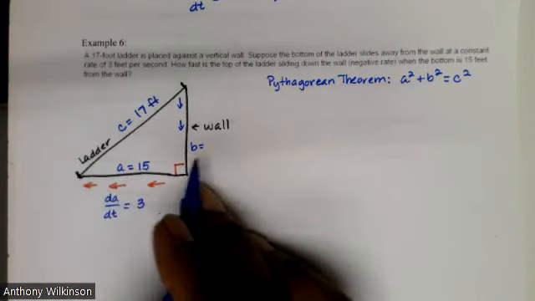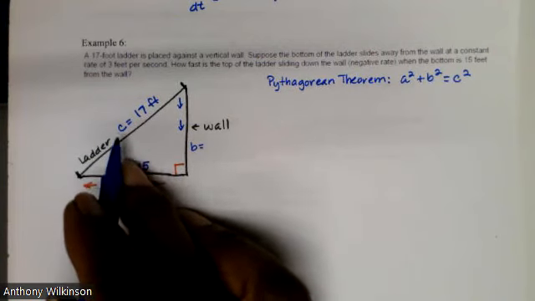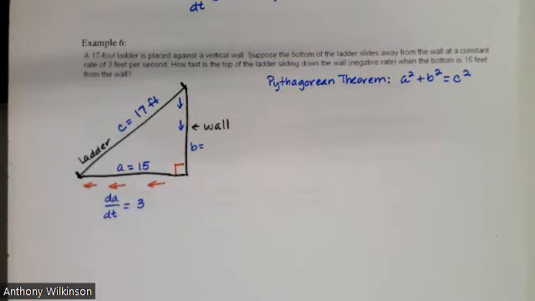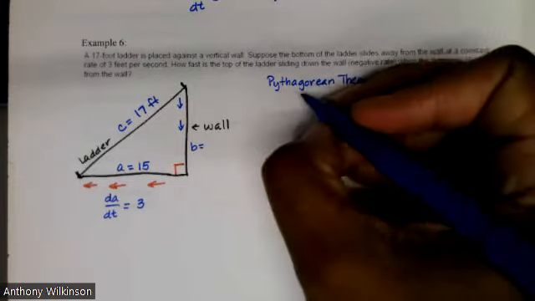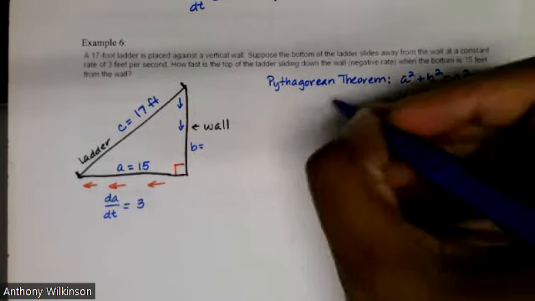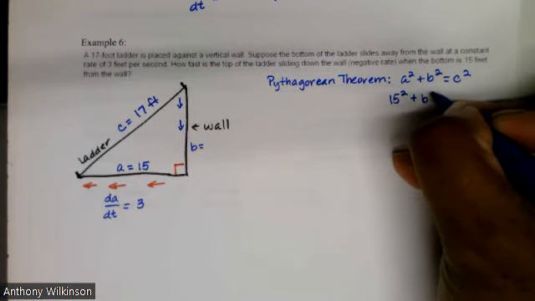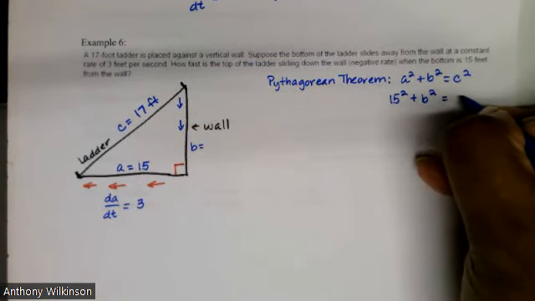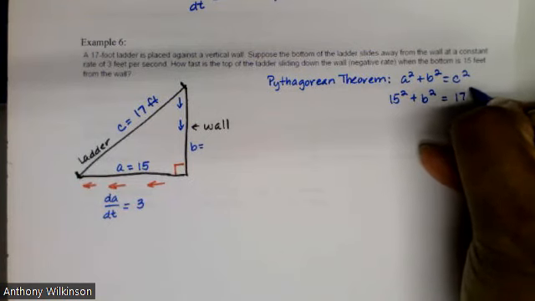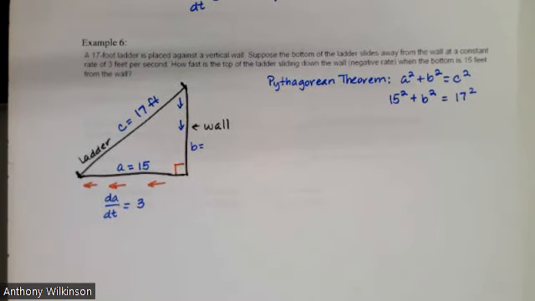So A is going to be 15. B is what we're trying to find. We know what C is. So let's substitute the A with 15. So it'll be 15 squared plus B squared is equal to 17 squared. That's what C is, 17.